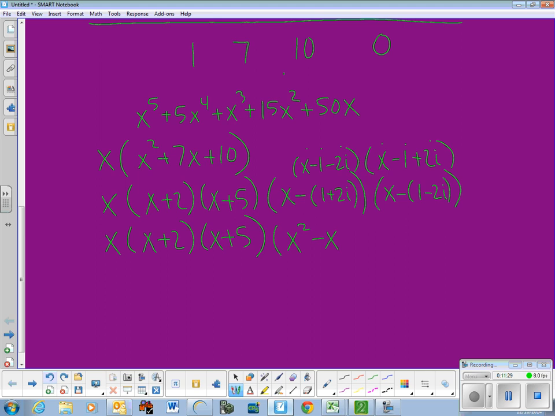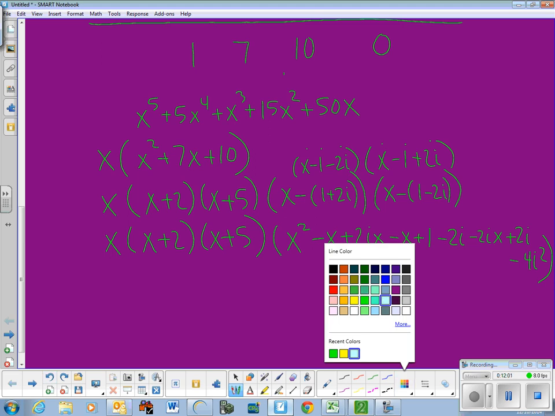X times 2i, 2ix. All right, and now I'm going to distribute the negative 1 through all three. Negative x plus 1 minus 2i. And now I'm going to distribute the negative 2i through all three. Negative 2ix plus 2i minus 4i squared.